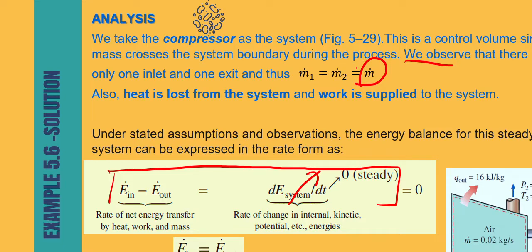So this is the equation. Now you want to calculate your work in, so you need to find the properties of state 1 and state 2. You need to find h2 and h1. m is given in the question. So you need to find the enthalpy in state 1 and state 2. Then only can you find your work input.